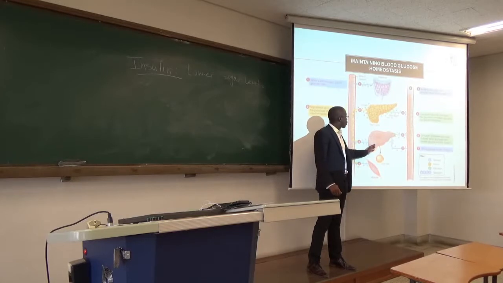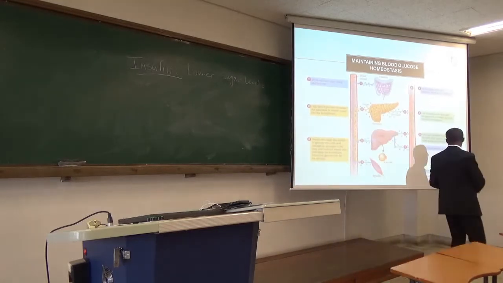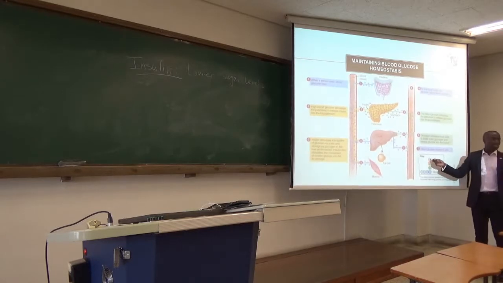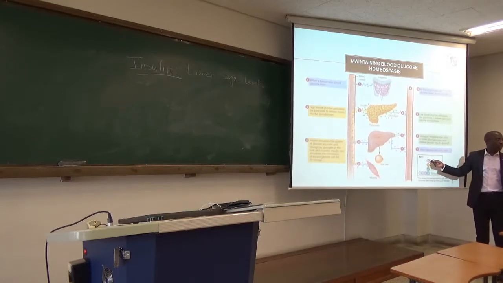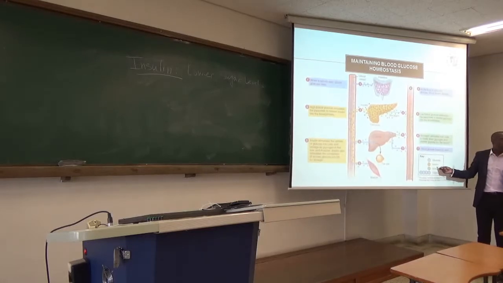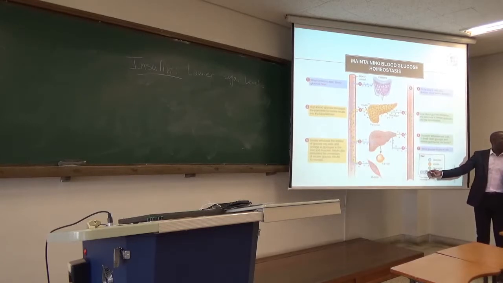But something is also taking place here in the liver. Guys, look at the legend here. The blue is the glucose, the yellow is the insulin. I'll talk about the glucagon in green in a minute. And then we have the glycogen here, which is a storage. We have a lot of glucose put together.